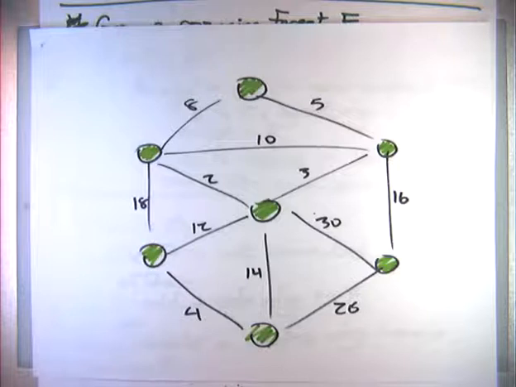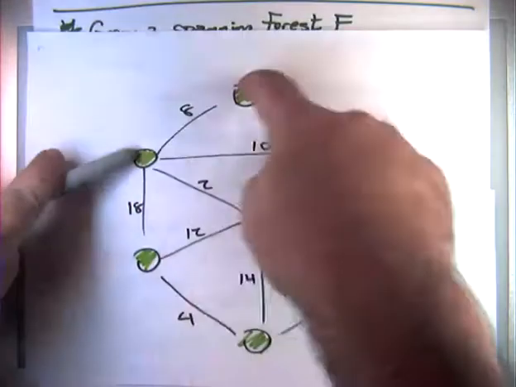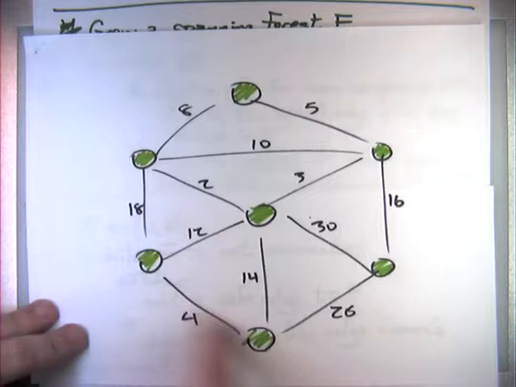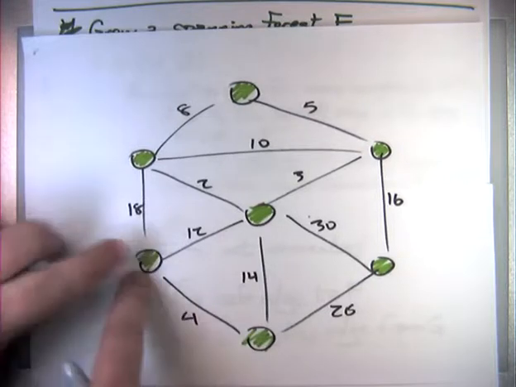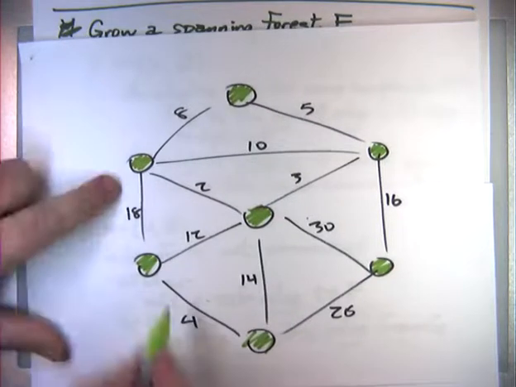There are no useless edges currently, because every edge joins 2 different components. The edge with weight 18 on the far left is not a safe edge, because the component at the top has a lighter edge leaving it, and the component at the bottom has a lighter edge leaving it. But this edge labeled 4 is safe, because it's the lightest edge leaving one of its endpoints. In fact, it's safe for both of those endpoints. So I can add it to F.